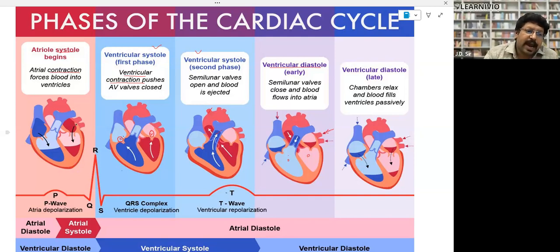When atrial contraction takes place, the right and left auricle contract and force blood into the ventricle. This is called atrial depolarization. At this time, formation of the P wave will take place. Tell me, clear or not?